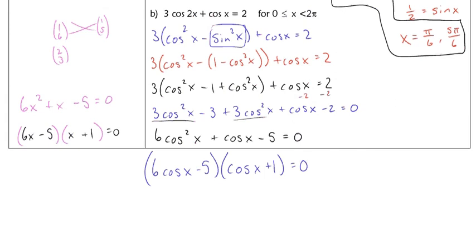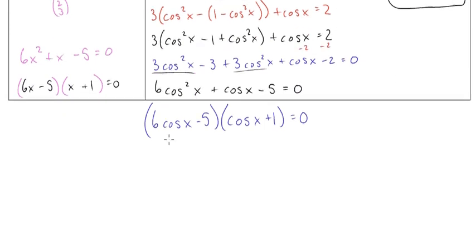Okay, and set each of these equal to 0. So here we've got 6 cosine of x minus 5 equals 0. And our other one, the other one in red, we've got cosine of x plus 1 equals 0.